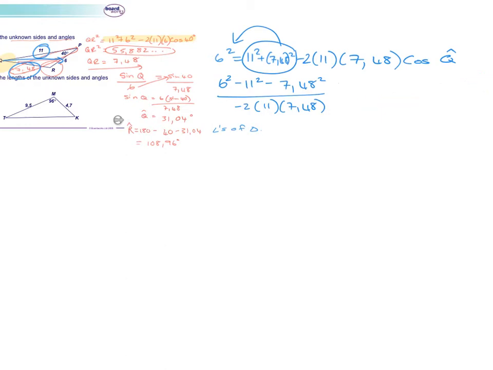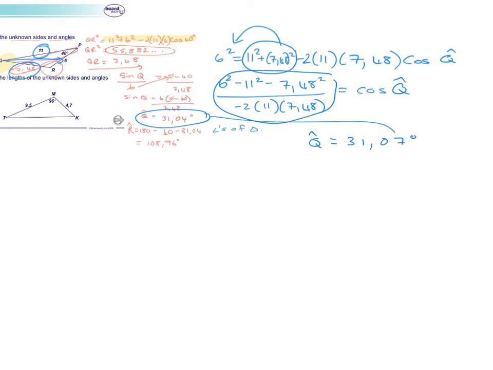So to get our cos Q by itself, then your calculator shift cos of this whole big fraction and then get your angle Q by itself. And that gets me to 31,07 degrees.